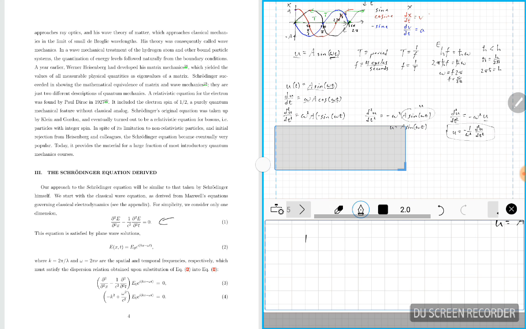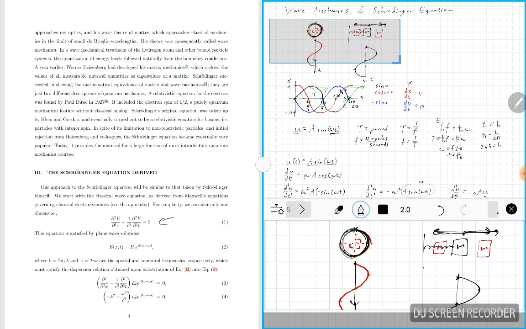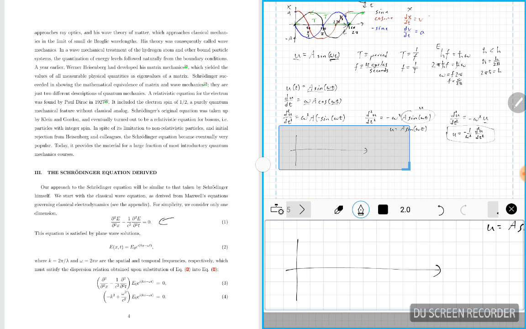But if we look at this graph here, and we look at our pictures again, we can see that this position, if I call this position 0, then it goes to a max position away from 0, back to 0, back again here. So as a function of space, my amplitude is also changing.